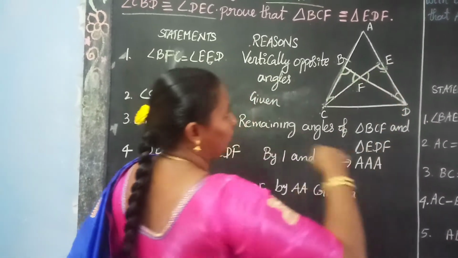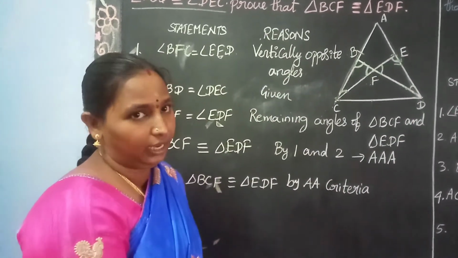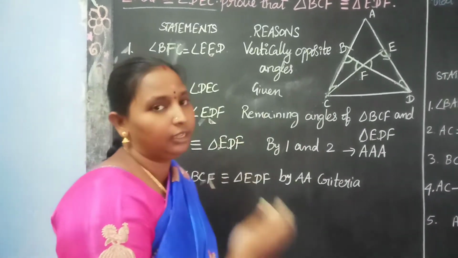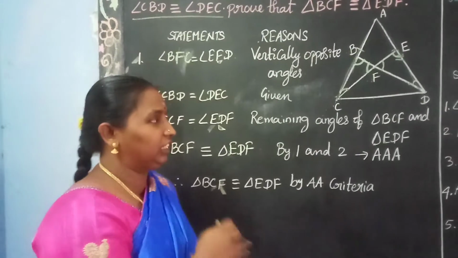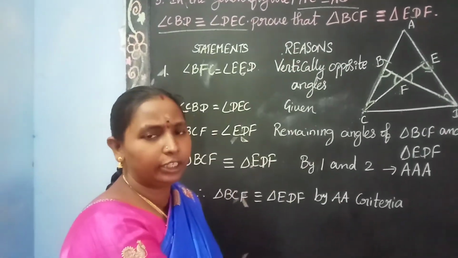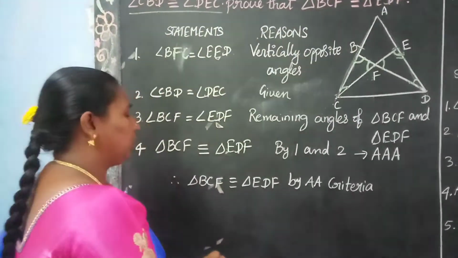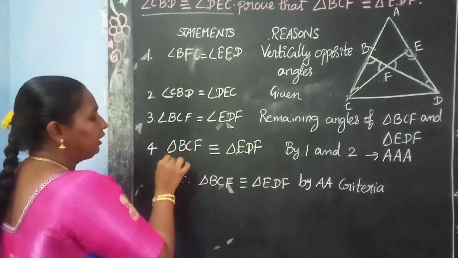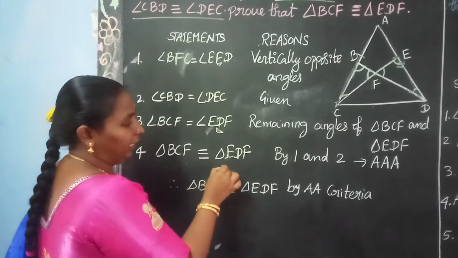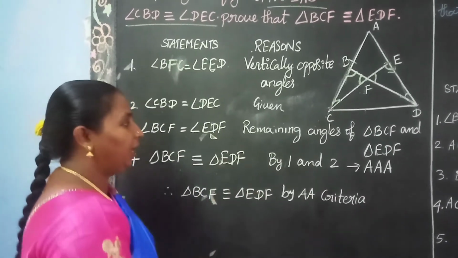Three angles are equal to the corresponding three angles, so you can use angle similarity. Therefore triangle BCF is congruent to triangle EDF.